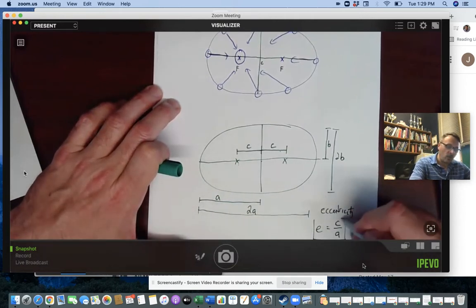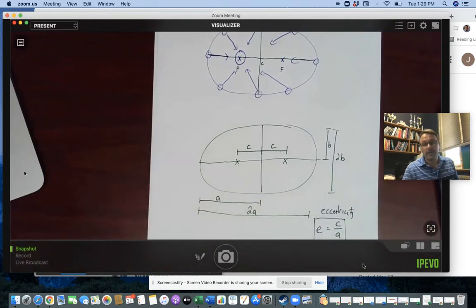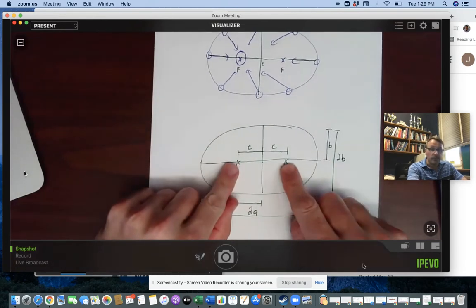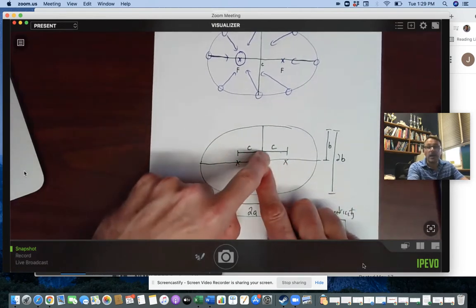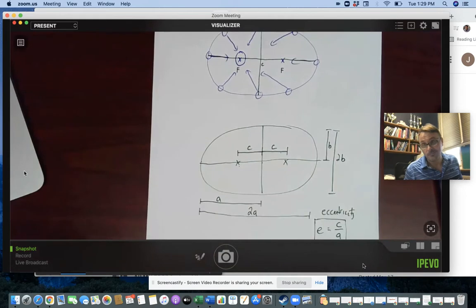All that says is how elliptical my ellipse is, how stretched out it is, because an ellipse is a circle that's been stretched along one of those axes, such that if c is equal to 0, meaning the two foci overlap, you have a circle.